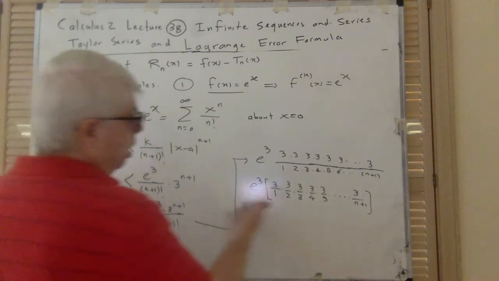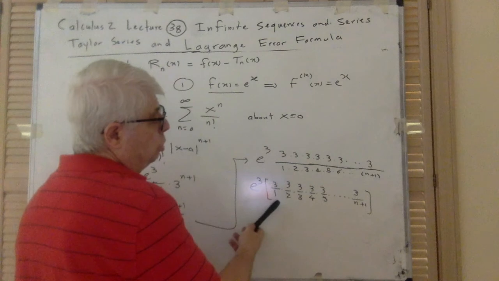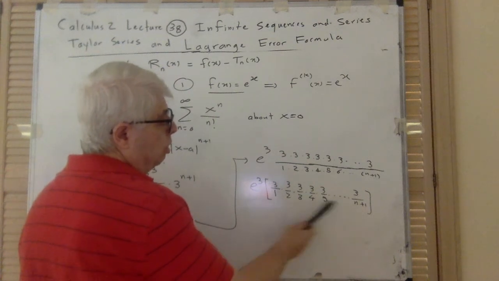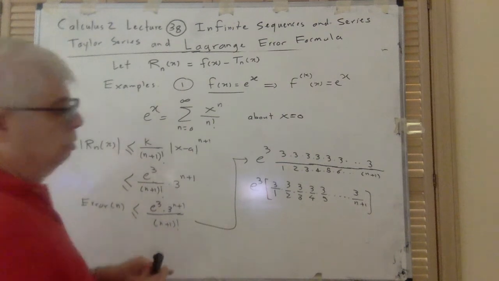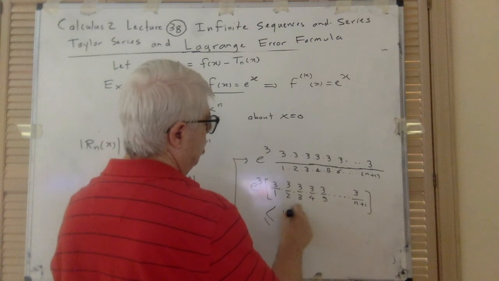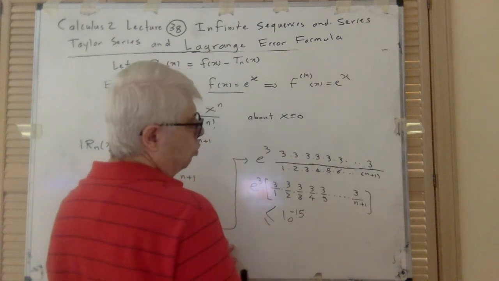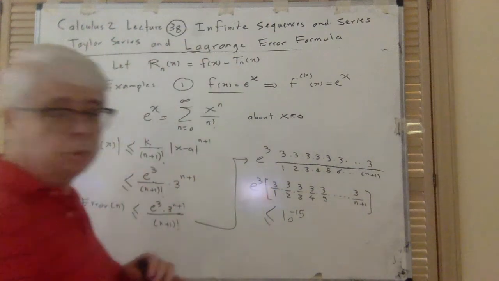Now, I'm not going to calculate. In fact, try this at home and see for what n you will get, say, 10 to power minus 15. For what n will you get this? I don't know, this might be in your exam, okay?